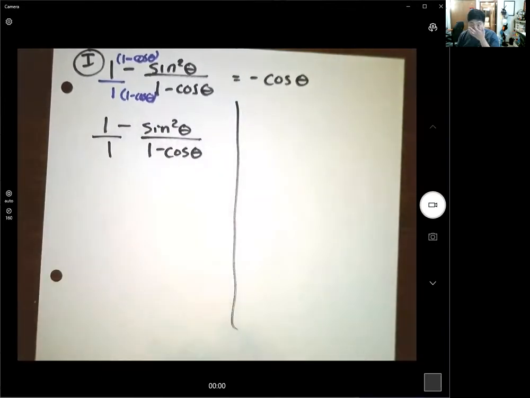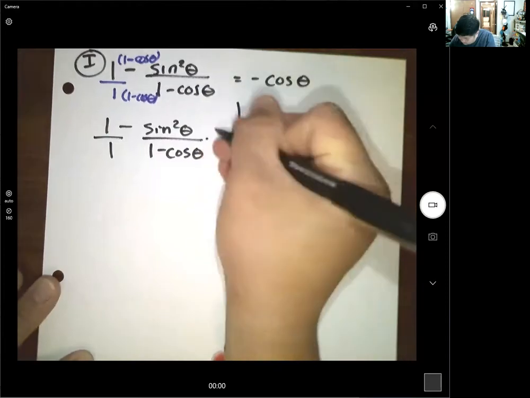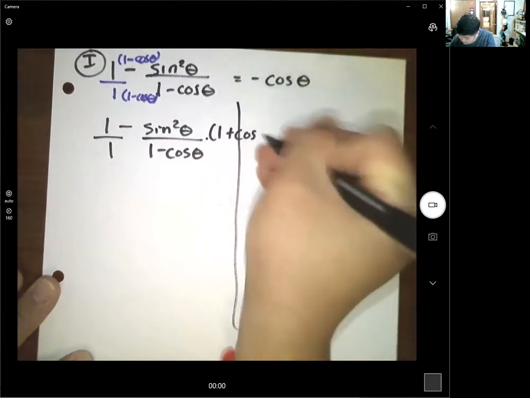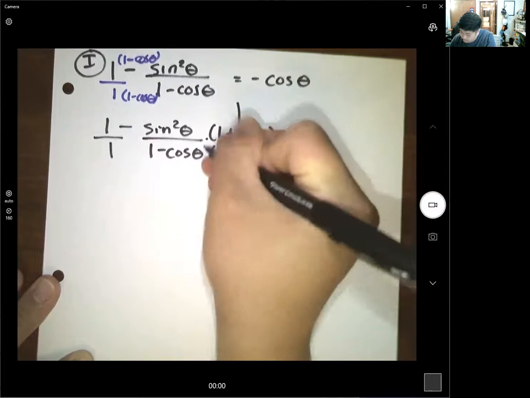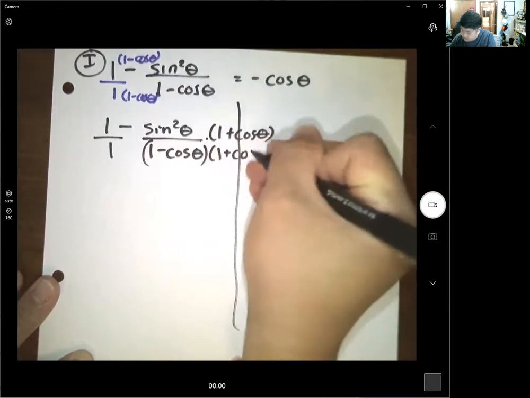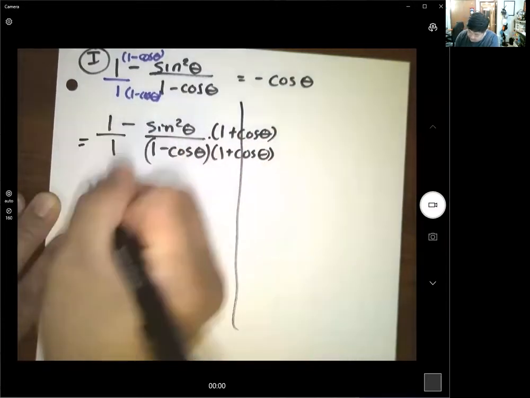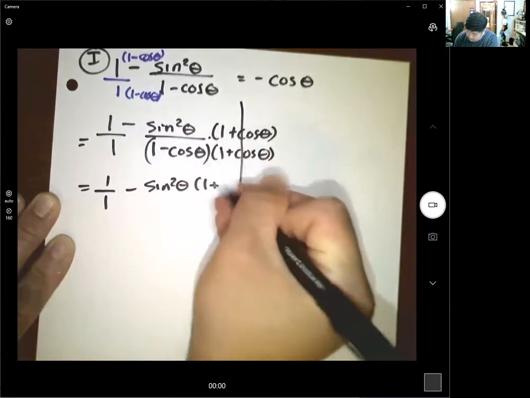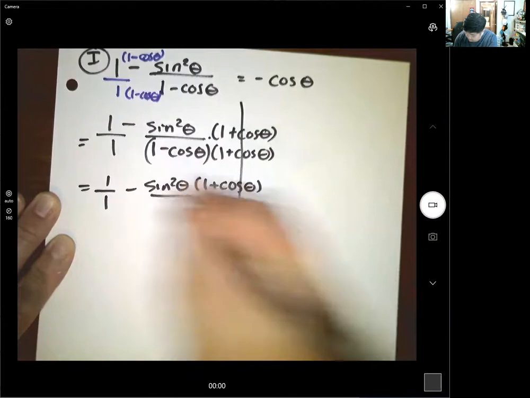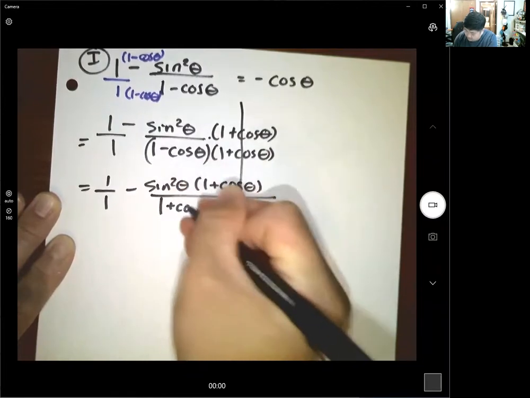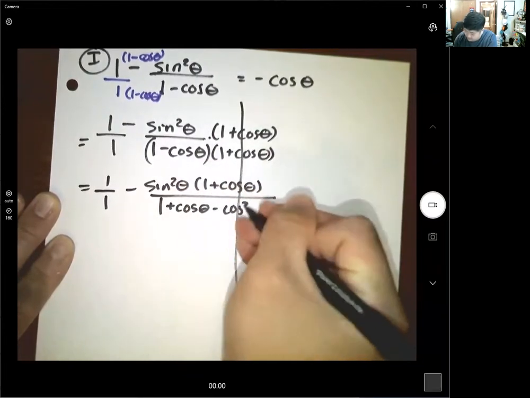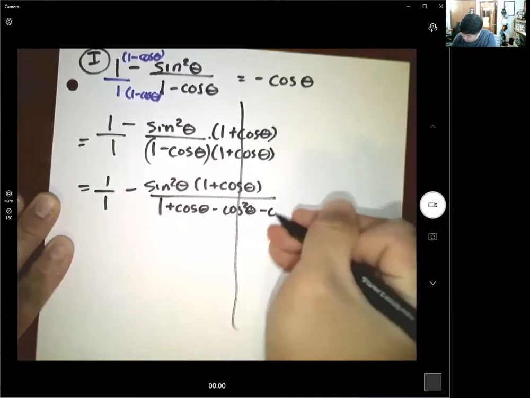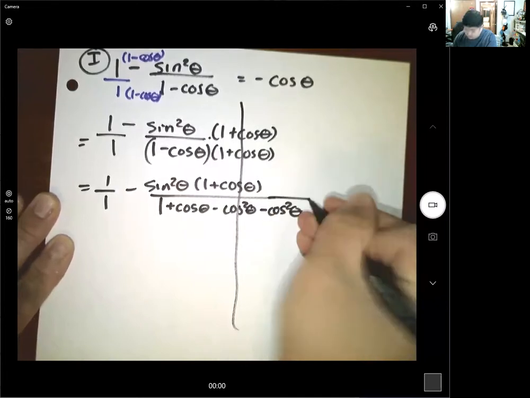So if I multiply by the conjugate, 1 plus cosine of theta, then in this denominator I have 1 plus cosine of theta minus cosine of theta minus cosine squared theta.